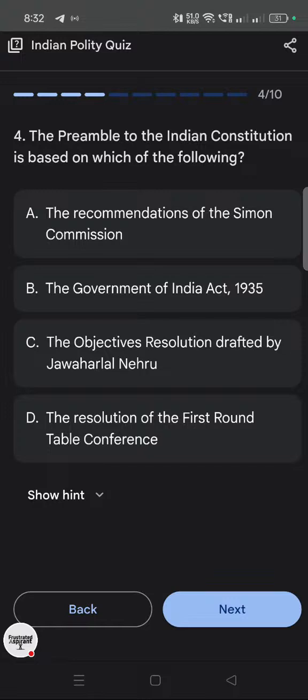The preamble to the Indian Constitution is based on the Aims and Objectives Resolution passed by Jawaharlal Nehru.